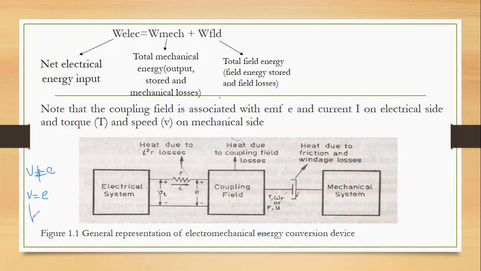So when we're saying input energy, we're saying WPI, we're considering voltage times current through the time dt. So this is the input energy, while the loss can be I squared R. This one is the ohmic loss.